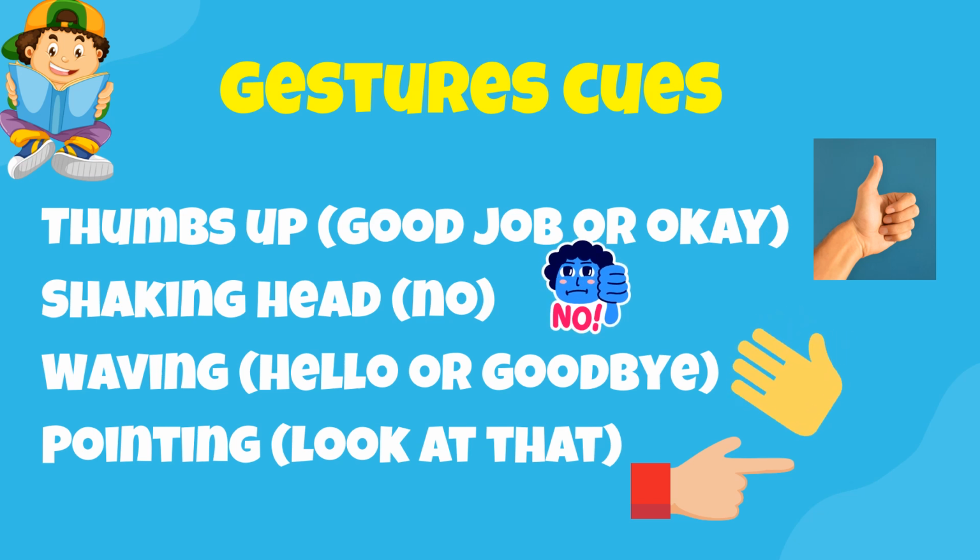And when we point our finger, it means look at that. These are only some of the gestures or signals we are using to signify what we want to convey to other people.